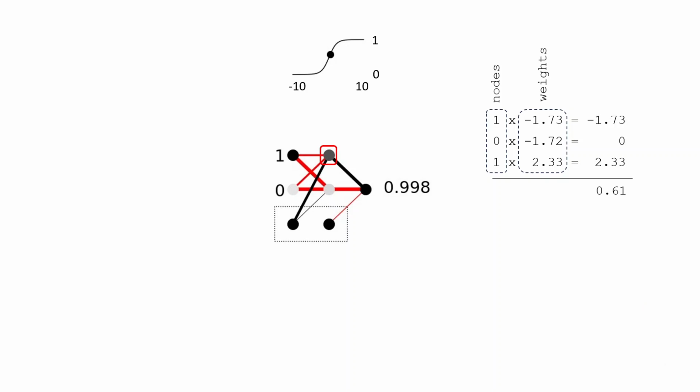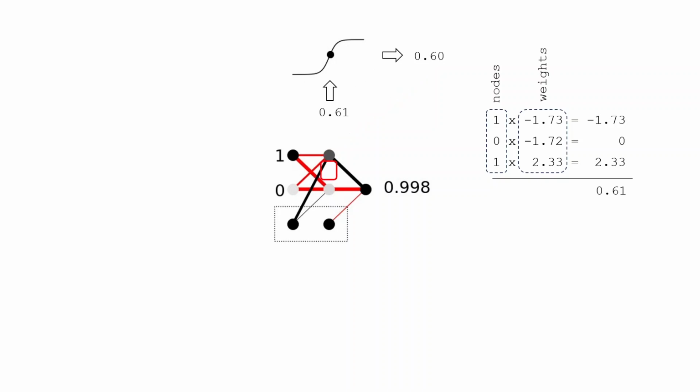Okay, so we input that 0.61 into this activation function, and the output will be 0.6. In this case, pretty close to each other, and that's just a happy coincidence. So now this 0.6 is the output of the top node of the hidden layer.